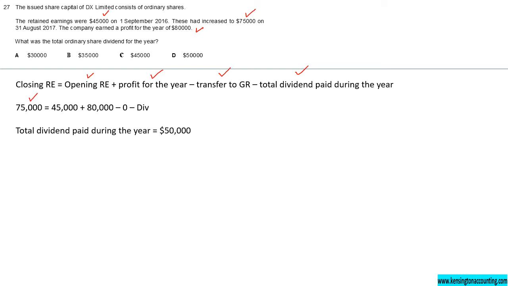Opening retained earnings is 45,000. Profit for the year is 80,000. There were no transfers to general reserve, and dividend is a balancing item which we need to calculate. Now, solving the equation, we calculate total dividend paid during the year as 50,000. Therefore, the answer is D.